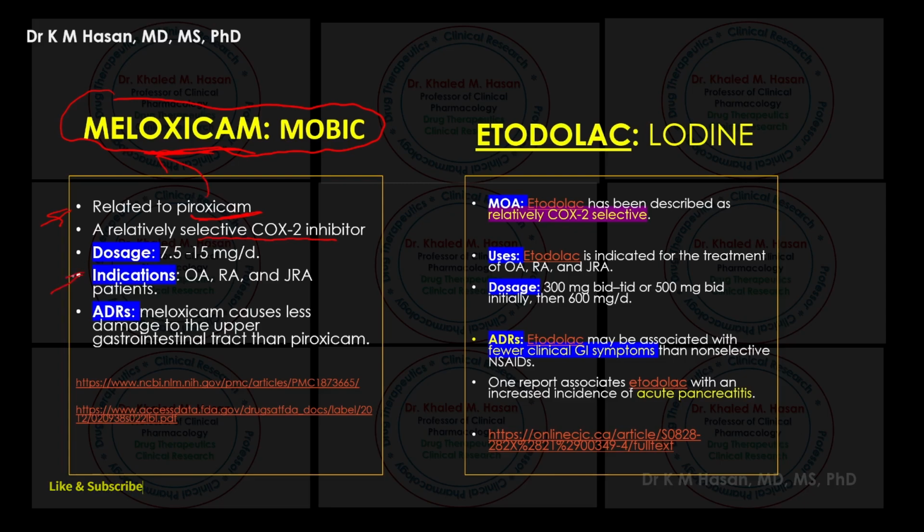This medication is indicated for osteoarthritis, rheumatoid arthritis, and juvenile rheumatoid arthritis. That's good. This medication has less side effect on the upper GI system compared with the other medications. We have the link here. We can click on the link and read the information about this medication.